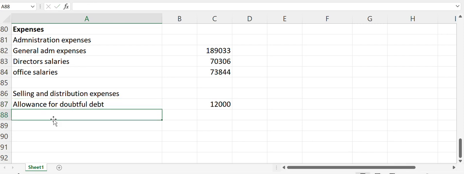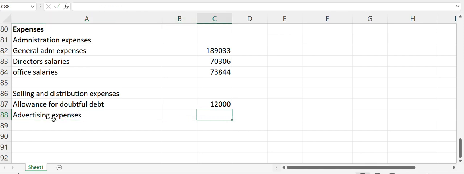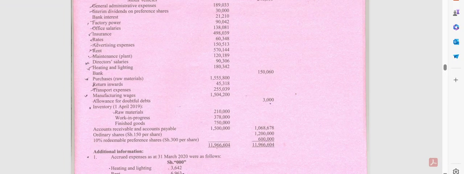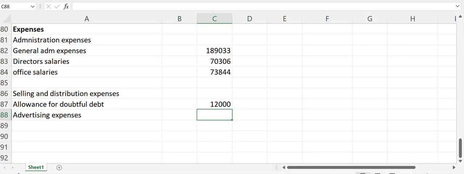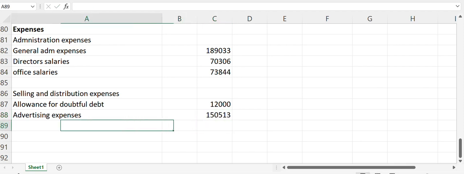Under selling and distribution, we have advertising expenses, it is 150,513.